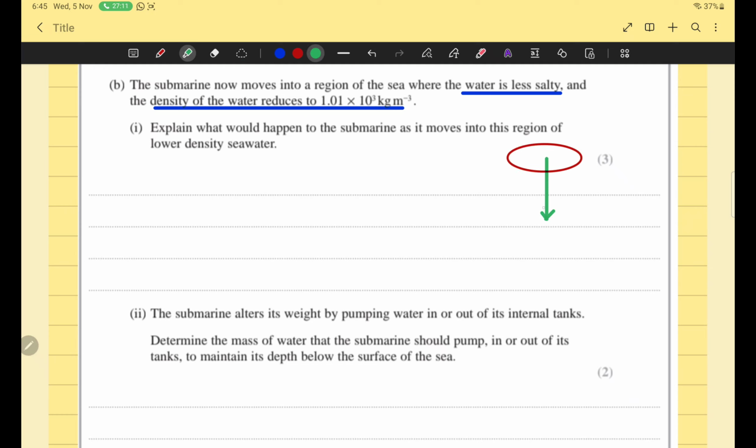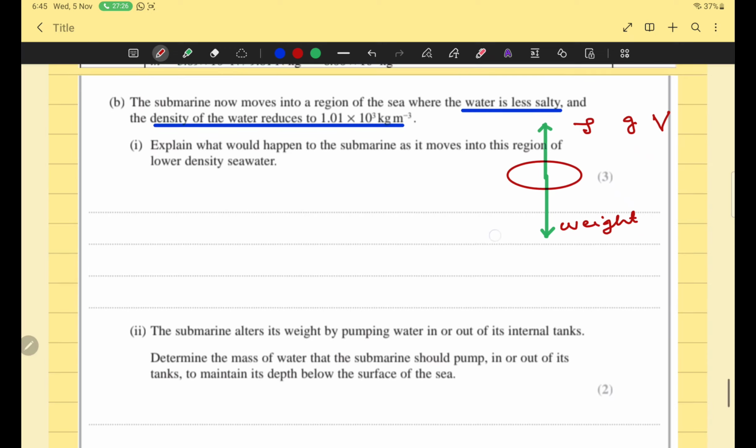You know weight remains constant. Weight is a constant quantity. Upthrust depends upon density of water. In the question it is given that the density reduced. Sir, if density reduced, it means upthrust decreased. And if upthrust decreased, then the question is, what happened to the submarine?